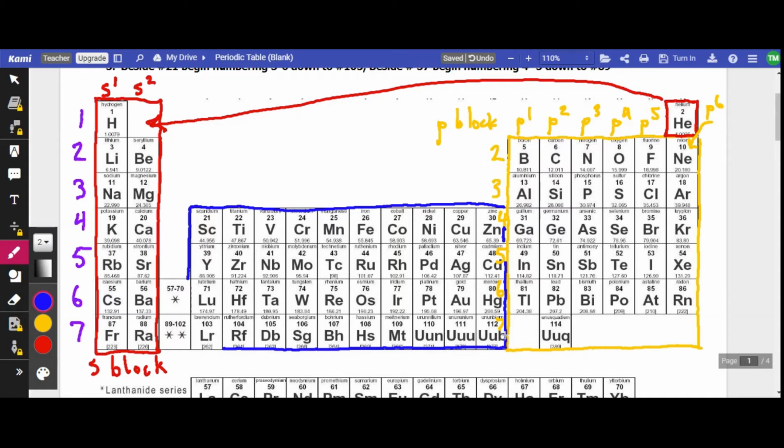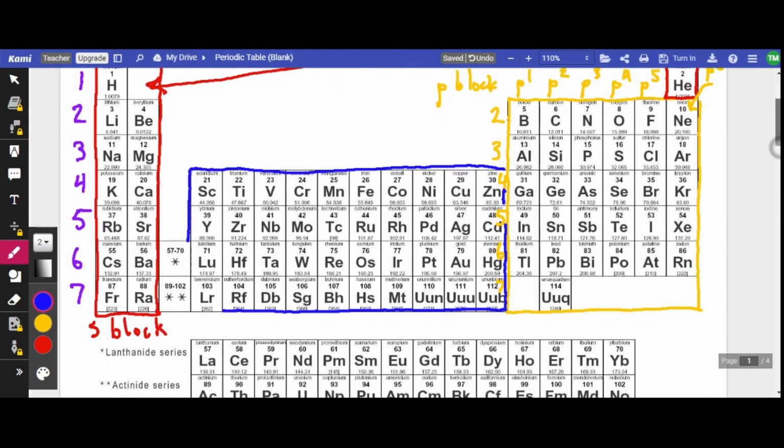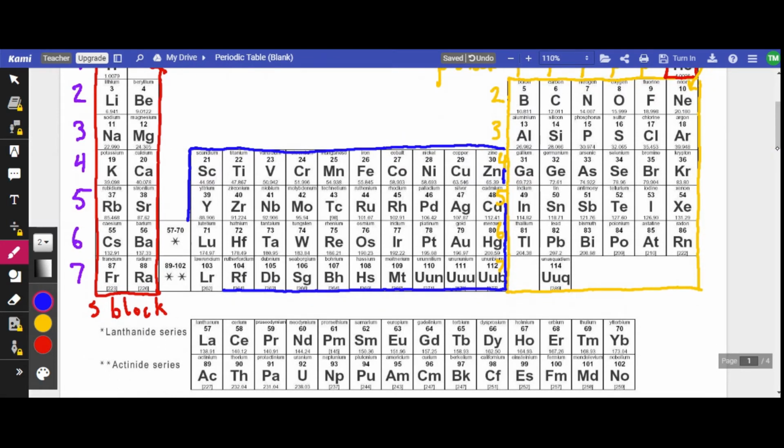Now I've kind of left this corner obscured here for a reason, because these elements down here are supposed to be up here in this spot. And I don't think this is the best way to show it. So for the purpose of this video, we're going to simplify this and say that this is the D block here.